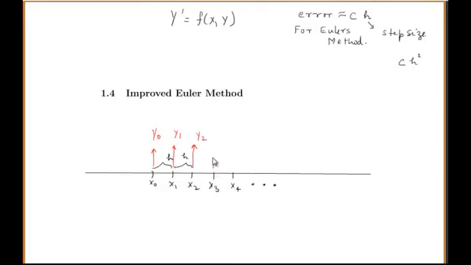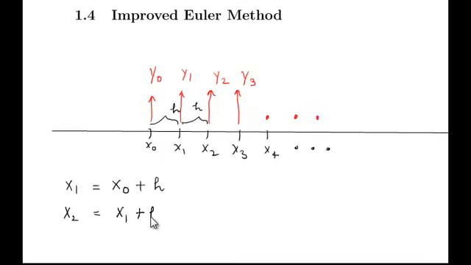First of all, let's get clear with the notation here. What do we mean by x0, x1, x2 and x3? h here is the step size, so x1 is x0 plus h, and x3 will be x2 plus h, and so on.